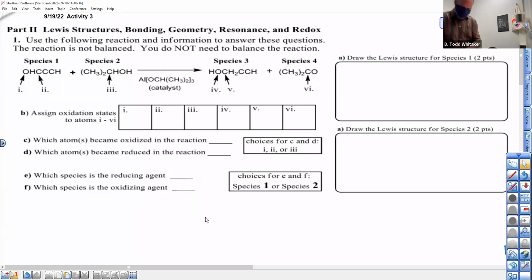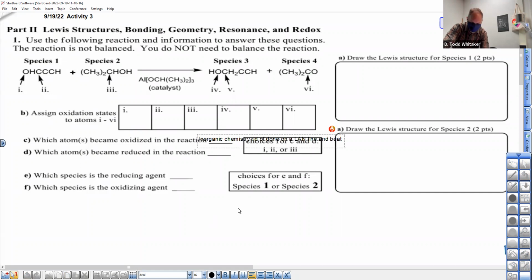It's not letting me type here. In organic chemistry, redox is done on a bond. In organic chemistry, redox is done on a bond by bond basis. I was hoping it would have typed that for me, and it did.